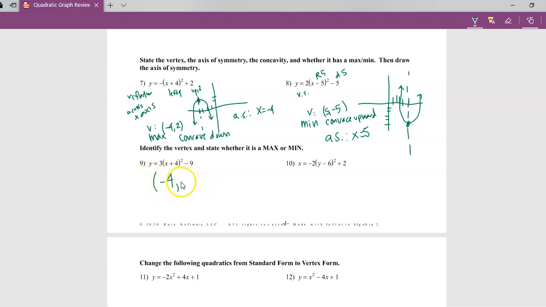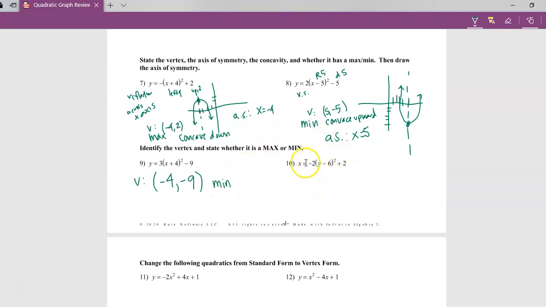It's just that we are not needing to draw the graph or do these other extra things. So the vertex would be negative 4, since this goes left 4, and negative 9, since that goes down 9. So the vertex is located at negative 4, negative 9. The 3 out front is positive, which means this thing is opening upward, which makes our vertex a min.